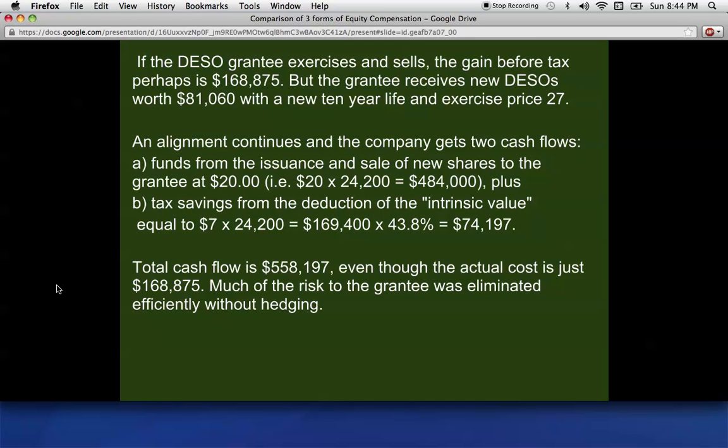So he gets another cash flow of 74,197. The total cash flow then is 558,197, even though the actual cost is just 168,875. So much of the risk to the grantee was eliminated efficiently without hedging.